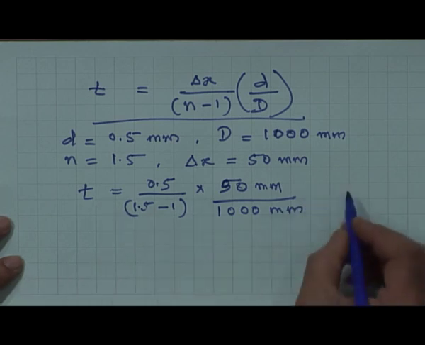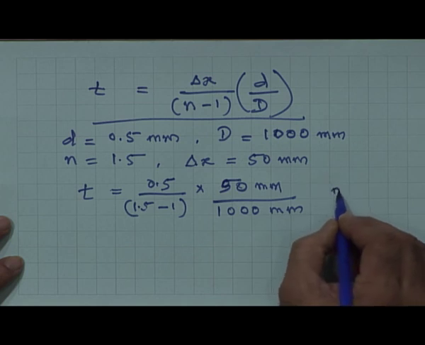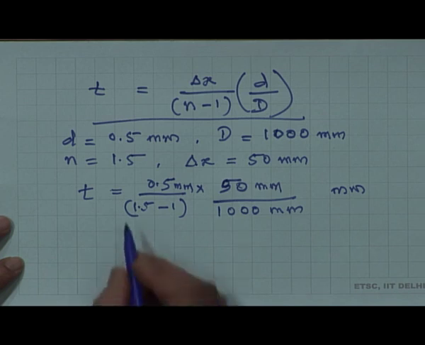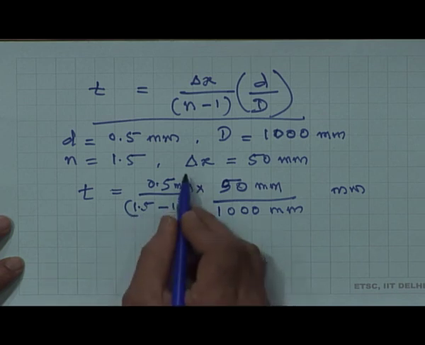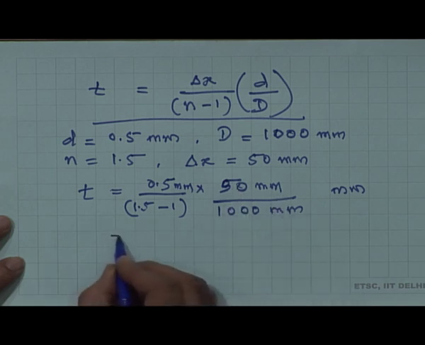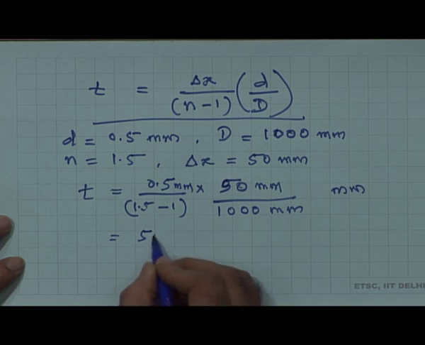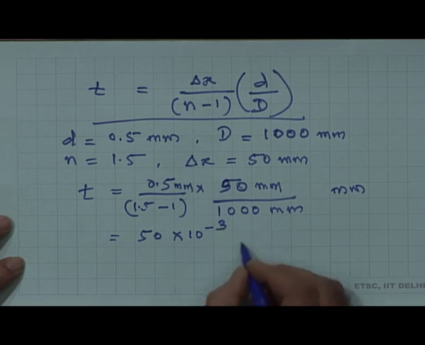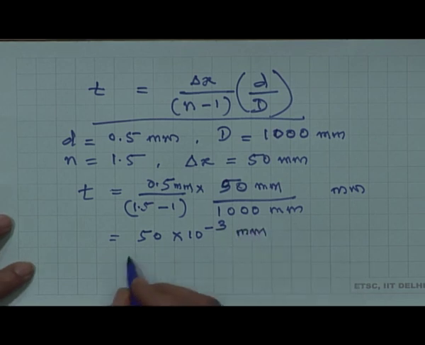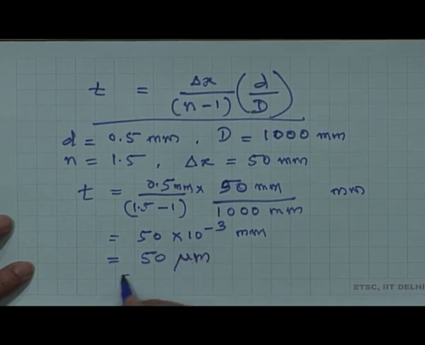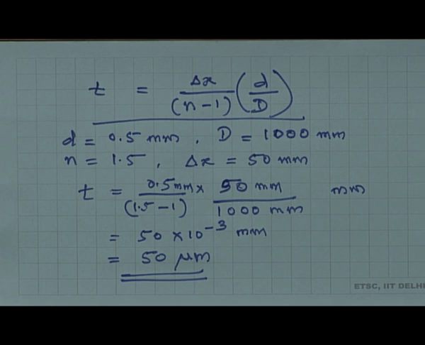Everything is in mm, because this is 0.5 mm. We can see that the 0.5 cancels, and we have 50 divided by 1000 mm. So, this is equal to 50 into 10 to the power of minus 3 mm, which is equal to 50 micrometers. So, the answer is 50 micrometers.